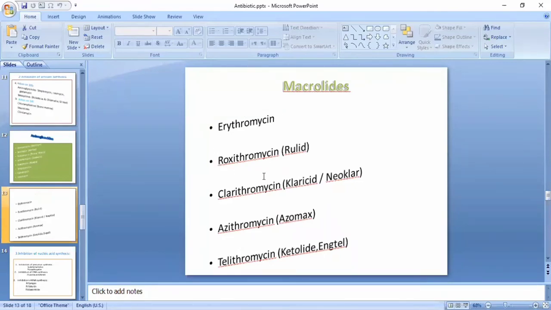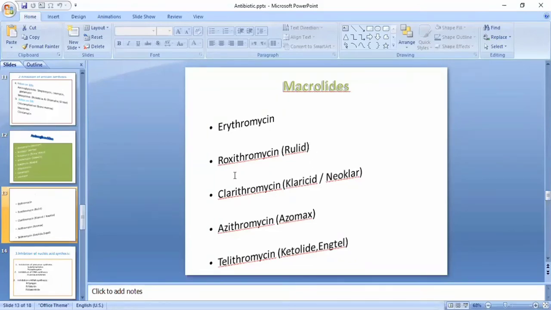However, roxithromycin is very easy to take, and this is known by the trade name Rulide. So the very important drug roxithromycin is given twice a day, so it has the advantage over erythromycin. This was 4 times a day, and this is twice a day.